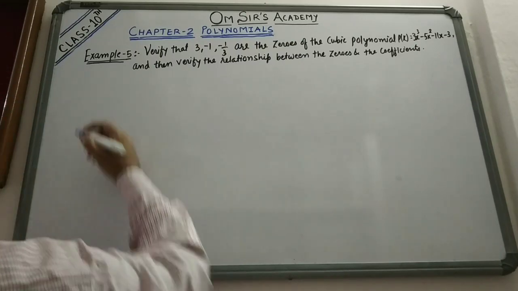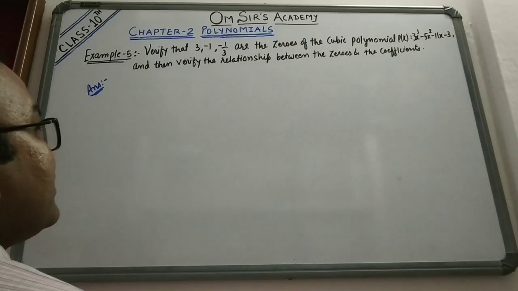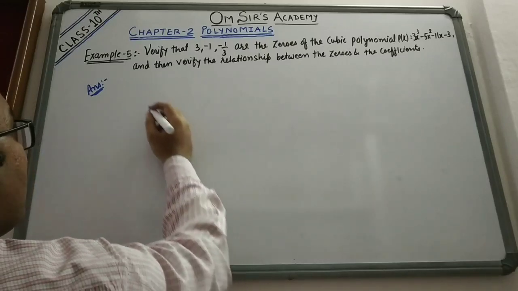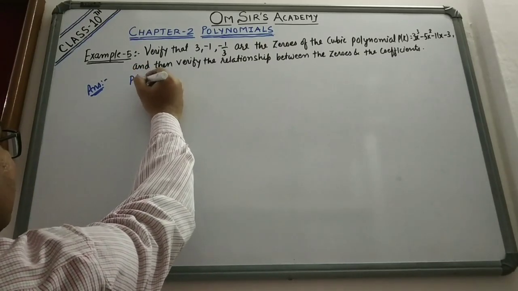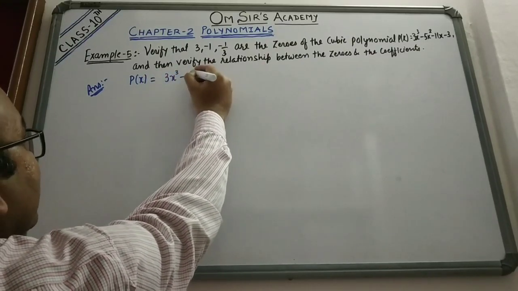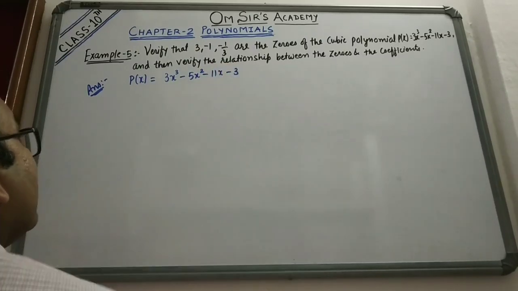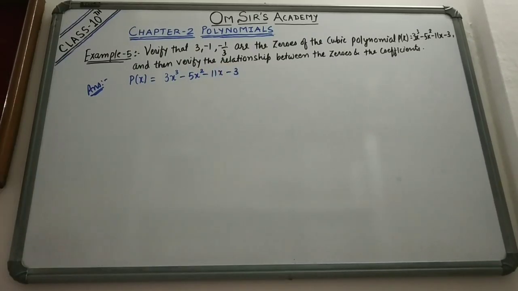So let us start the sum, friends. First of all, we have to verify whether these are the zeros of the cubic polynomial or not. So what was my cubic polynomial? p of x was what? 3x cube minus 5x square minus 11x minus 3. Okay, this was my cubic polynomial, right friends?